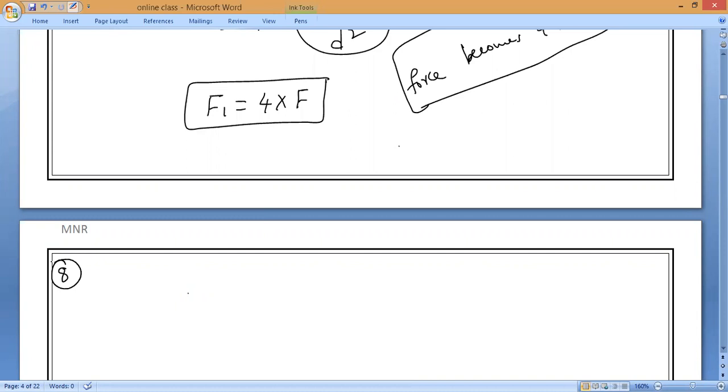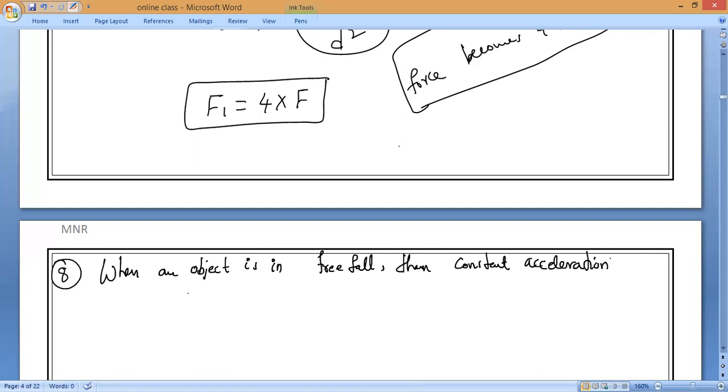When an object is in free fall, then a constant acceleration is produced in it due to the gravity of earth.